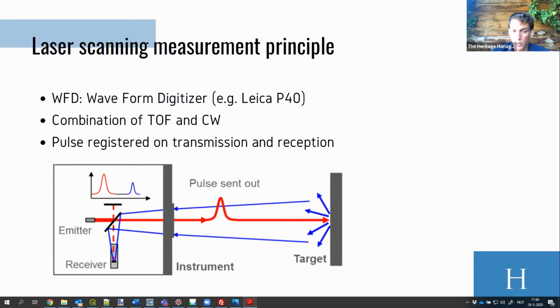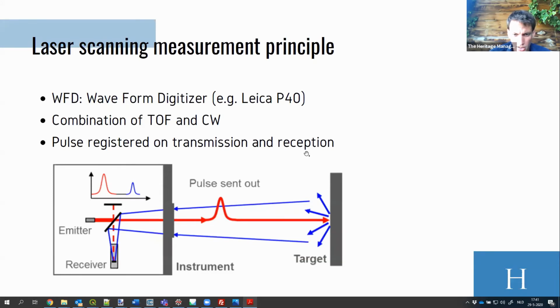And when you send a pulse with that timestamp, you don't have to wait for the previous pulse to be received before you can send the next pulse. So it's actually a combination of both. You will have very long range laser scanners, but also with the same accuracies as you would have with continuous wave laser scanners.